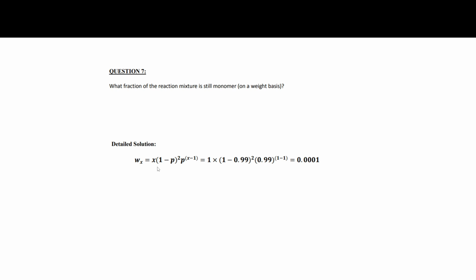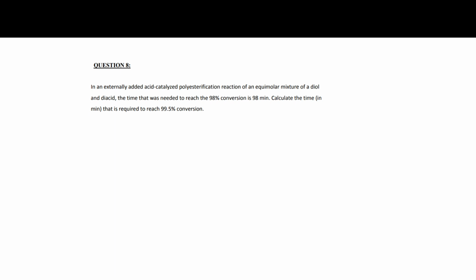So by only knowing this equation we can calculate it, because we know the extent of reaction and the x value, which is the weight fraction value, and earlier this x was the mole fraction value, not the weight fraction.